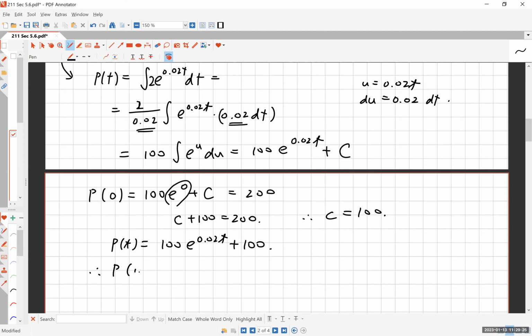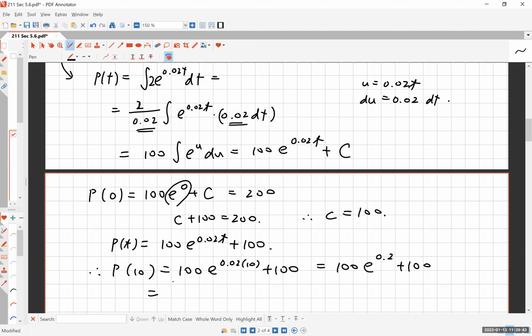All right, and therefore, on the 10th day, all you have to do is plug in 10 for t, and that's 100 times e to the 0.2 plus 100.